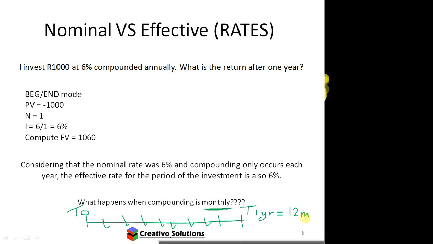So how much interest am I going to be earning? Do you agree I'll be earning interest for that period, then interest for that period, then interest for that period, until the end? How many periods of interest do I earn? 12 periods of interest. So if I'm earning 12 periods of interest, do you think the future value is going to get bigger or smaller?